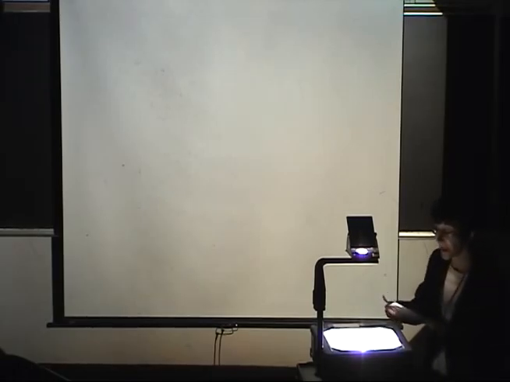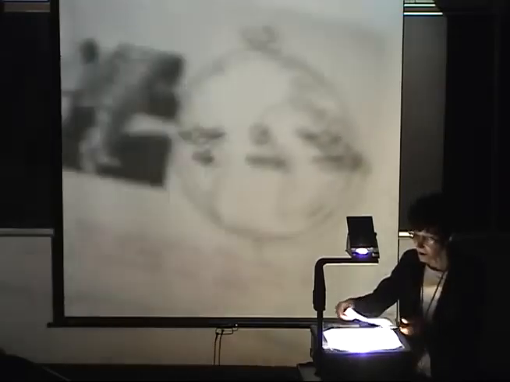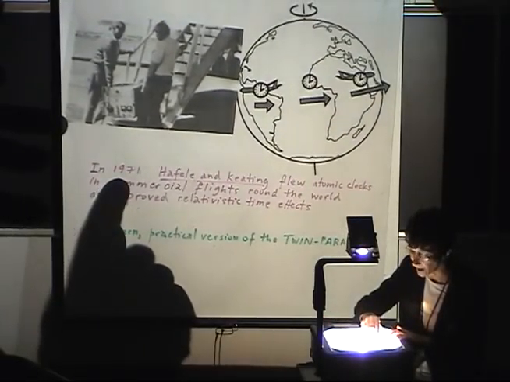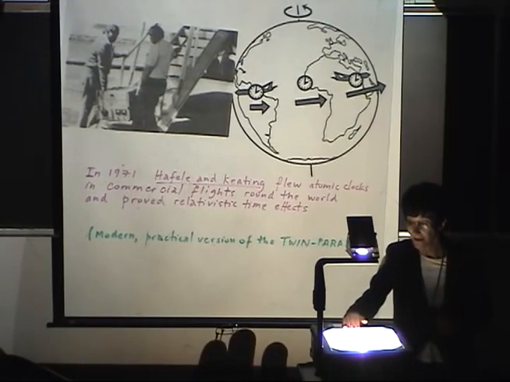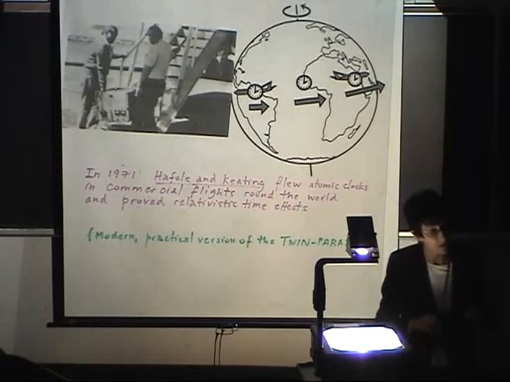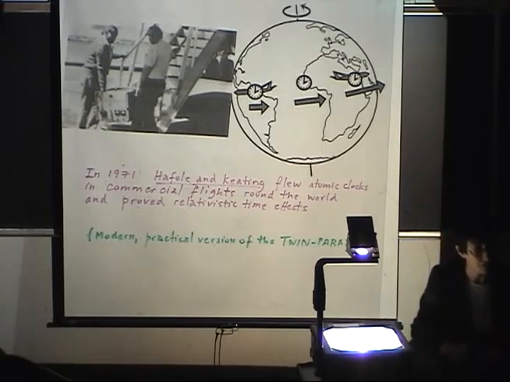Now, again, this is very important, but GPS involves satellites. Satellites move at the fastest speed. What about normal speeds? Well, relativistic effects were measured already in 1971. Einstein clearly says that time is what is measured by clocks.